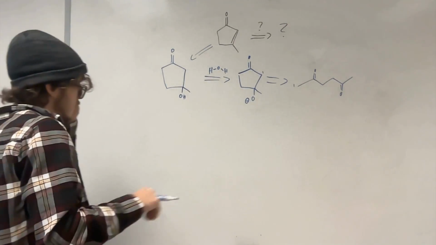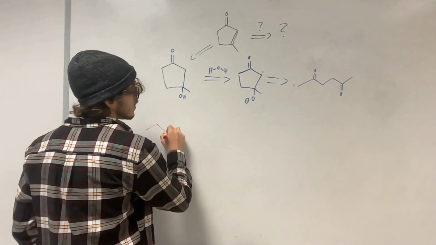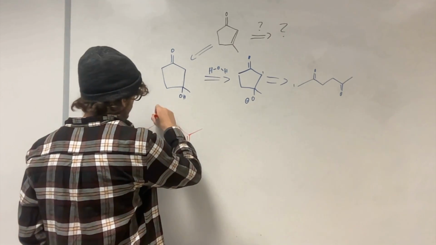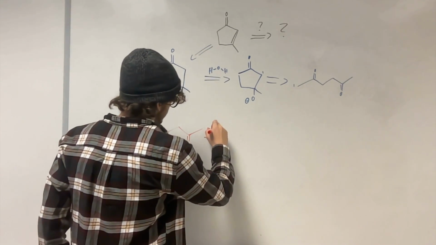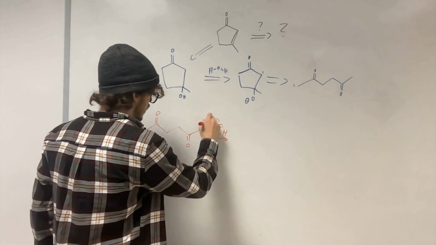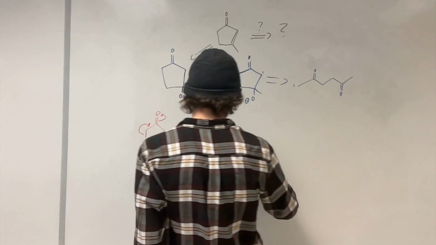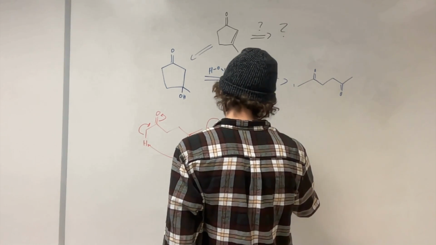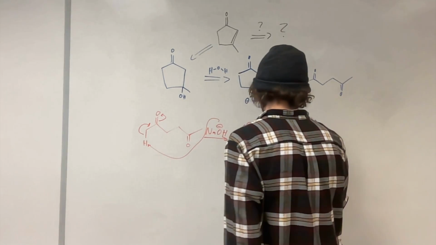Now let's draw the mechanism for how this occurs overall. You could get a mixture of products, but we're asked to make specifically this one. So what happens first is sodium hydroxide comes in and forms our enolate, which will then attack.